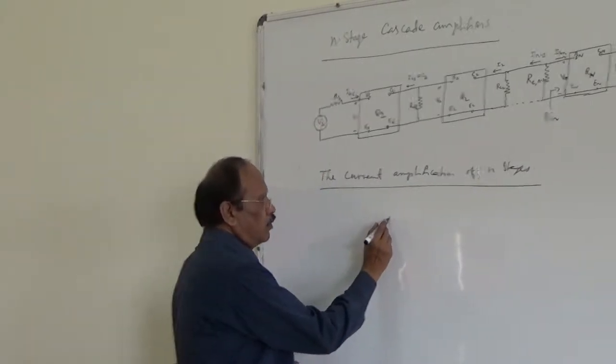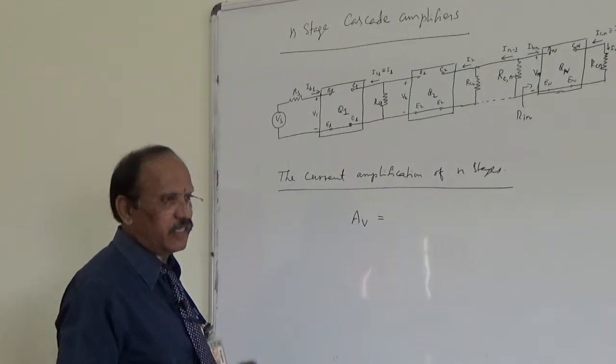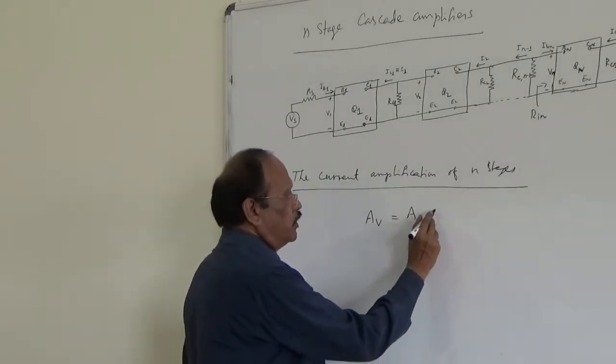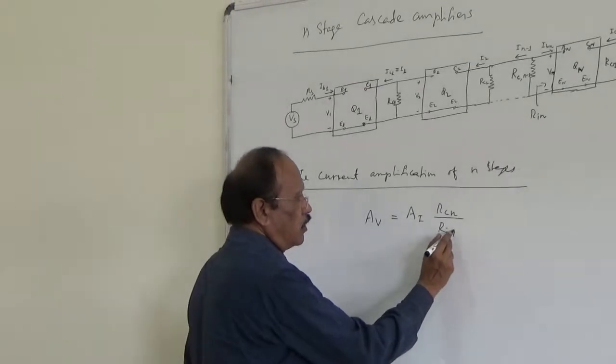We know the overall voltage gain of the n-stage cascaded amplifier AV can be given by AI into RCN by RI1.